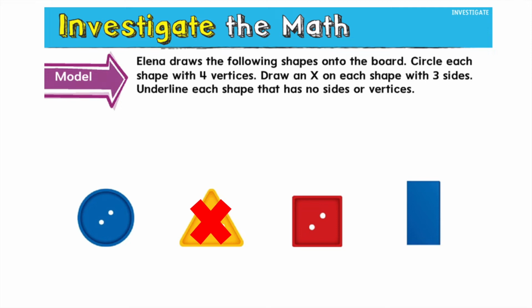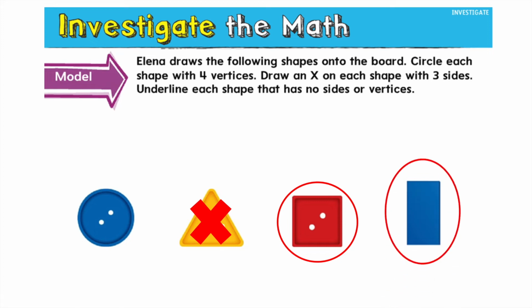Which shapes would we circle if we're looking for the ones with 4 vertices? Remember, vertices is another way to say corners. Which shapes, not just 2, but which shapes have 4 vertices? Yes, that would be the square and the rectangle.